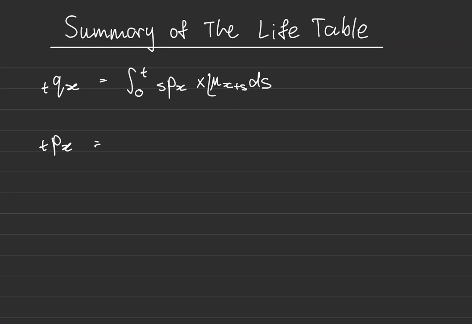Okay, so force of mortality basically means at an instantaneous time point, an infinitesimal time interval, the probability that this person is going to die. So you can interpret h times mu x as the probability that a life aged x will die over the short time interval from x to x plus h.